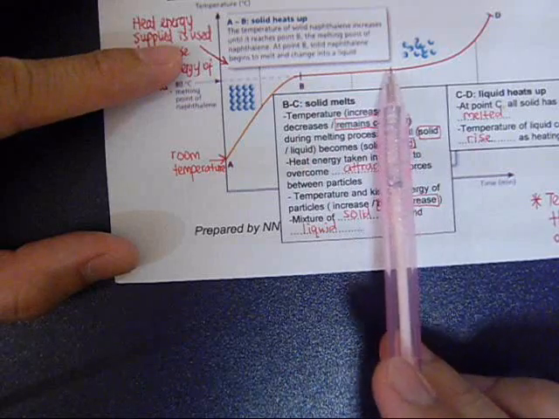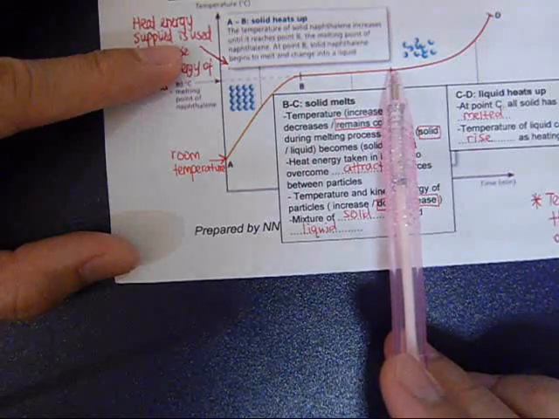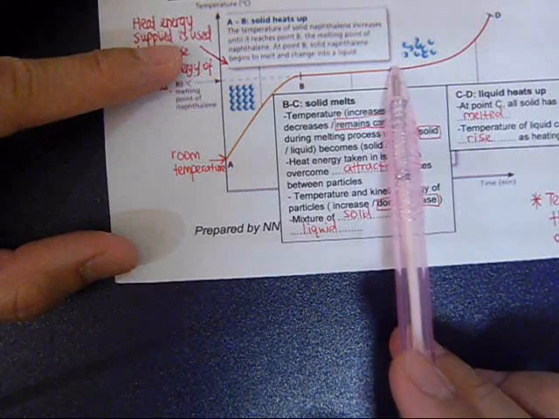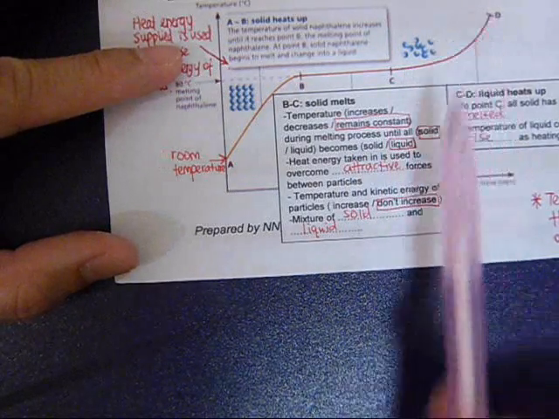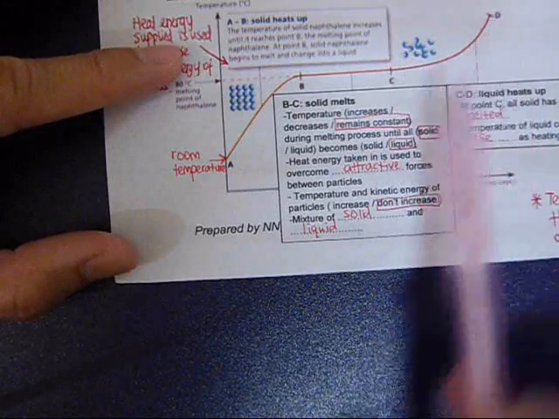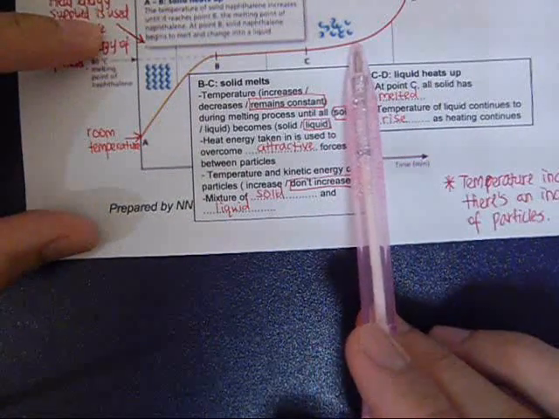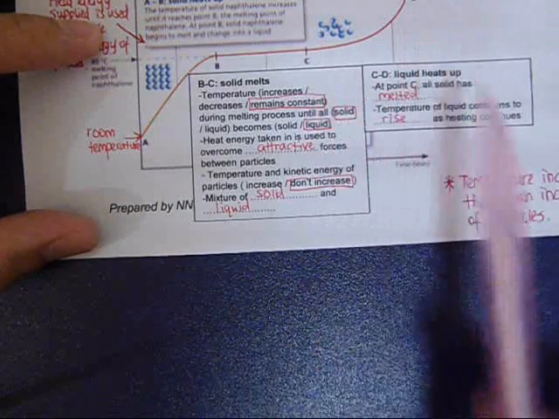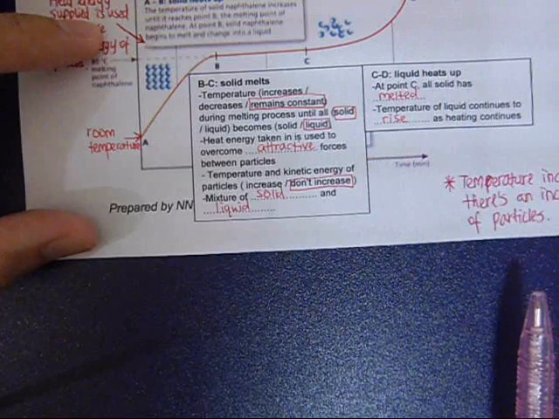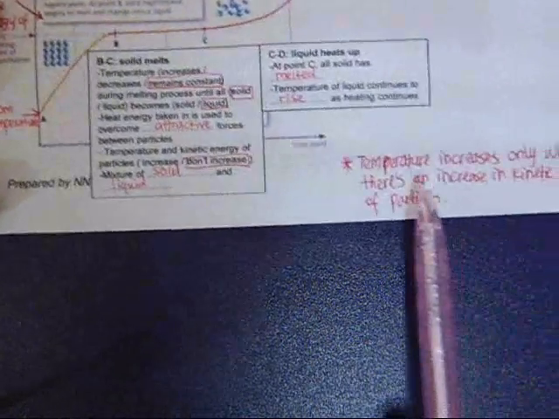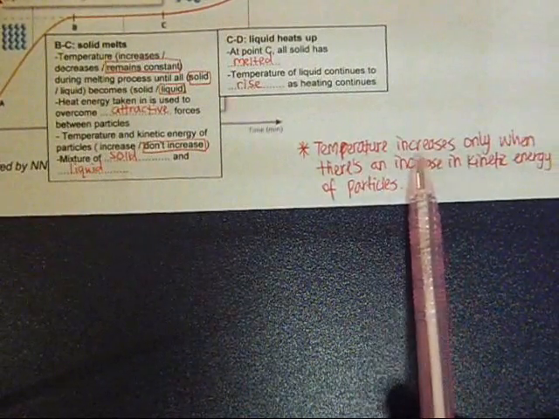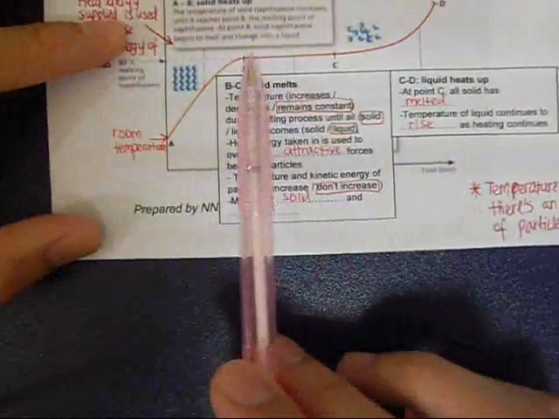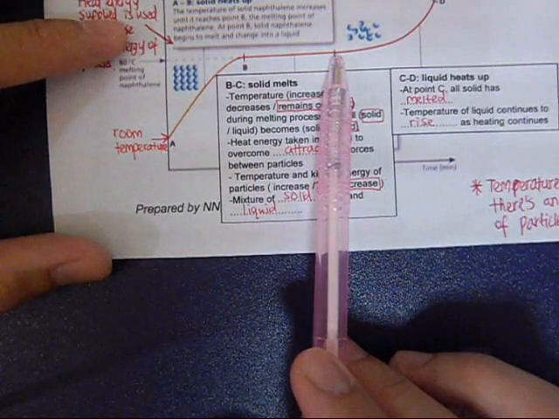Only at point C, all the solid naphthalene would have changed to liquid naphthalene, and only from this point onwards, the temperature will increase. Only from this point onwards, the heat energy provided is used to increase the kinetic energy of the particles from C to D. So it's very important to note that temperature increases only when there is an increase in kinetic energy of the particles, which means that from B to C, there is no increase in the kinetic energy of the particles.